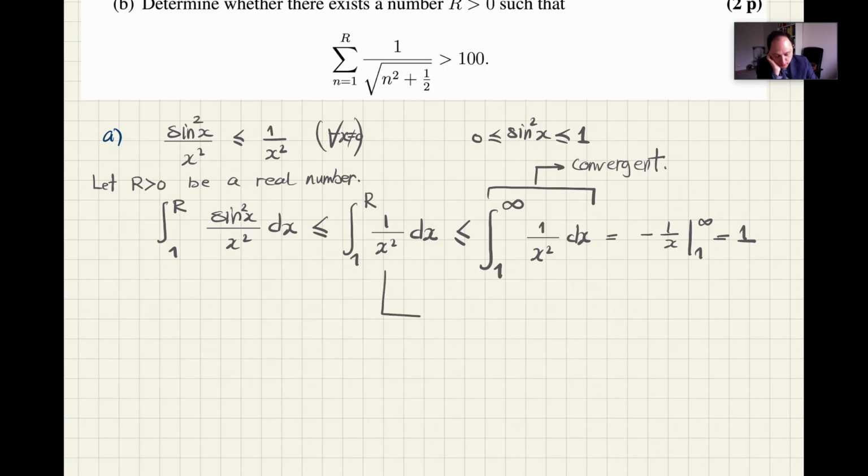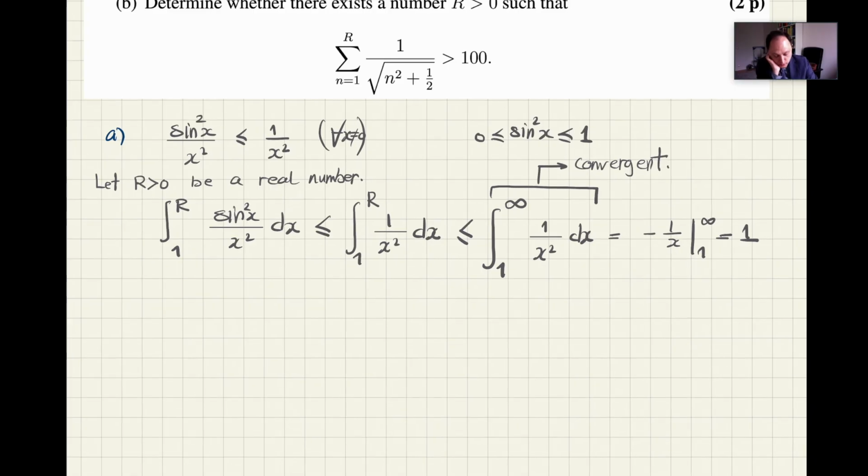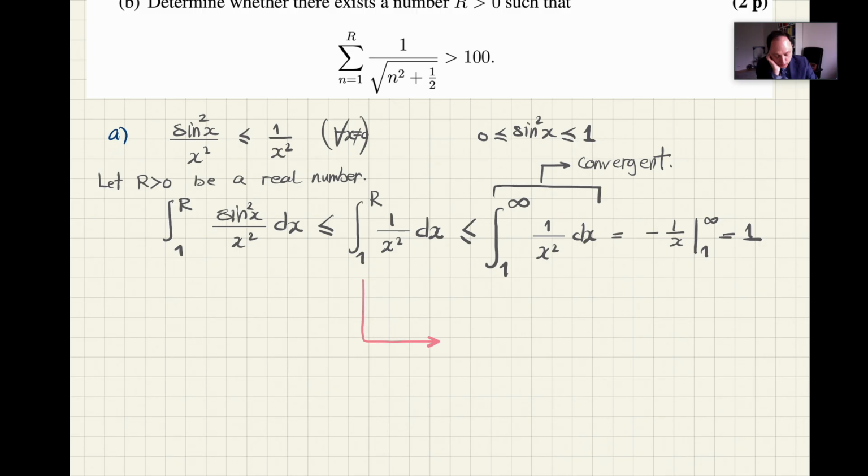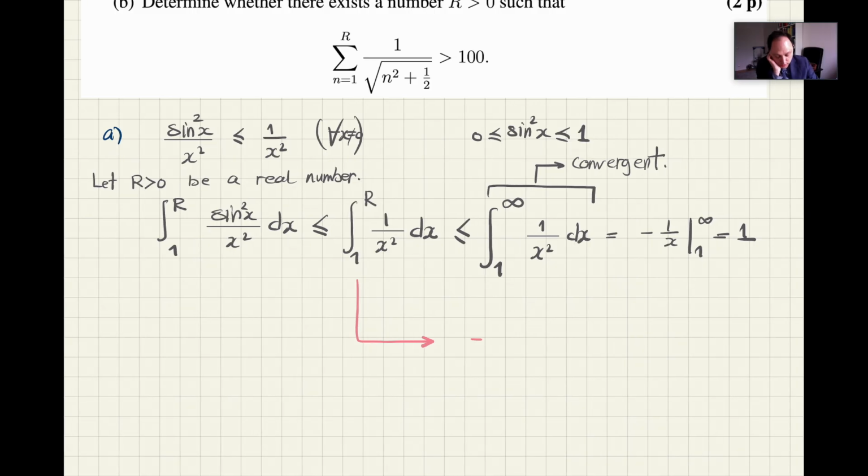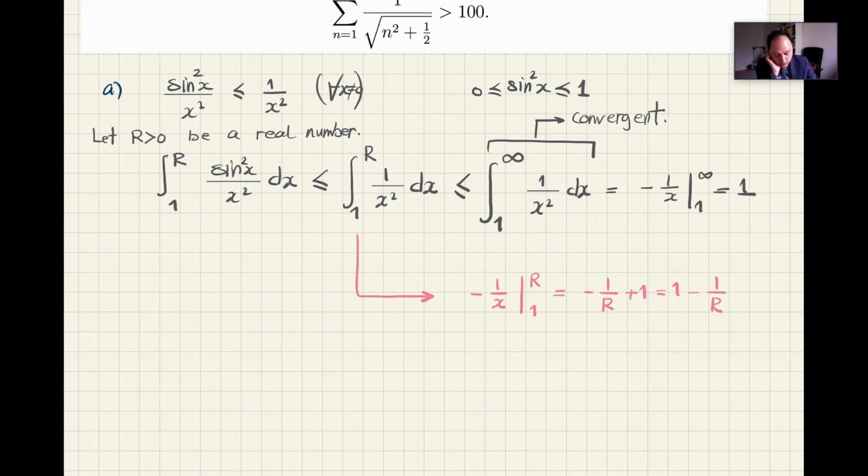And maybe you don't even need to do that. Let me change my color and see what happens if I go in this direction. So let me calculate this. The integral becomes minus 1 over x, and I go from 1 to r. And then it becomes minus 1 over r plus 1. So this is 1 minus 1 over r. Yes? Okay, I think this is easier. We don't need to bring infinite integrals here.